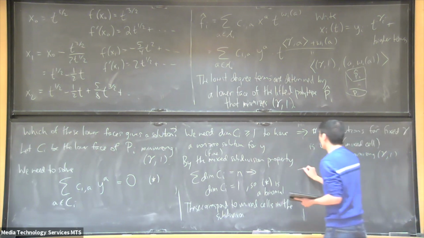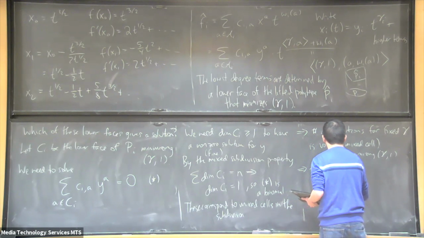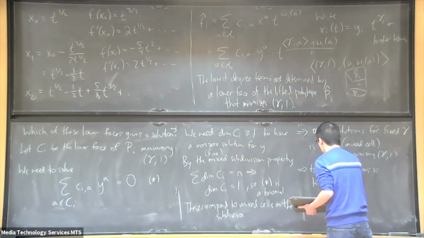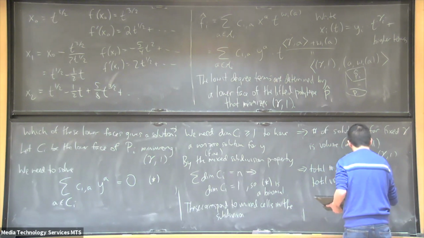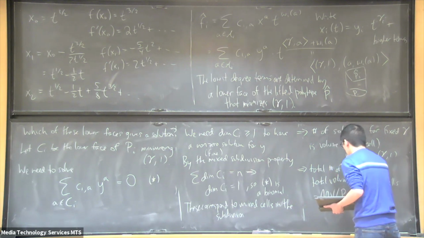And so the total number of solutions is just the total volume of the mixed cells, which is just the mixed volume of these polytopes.